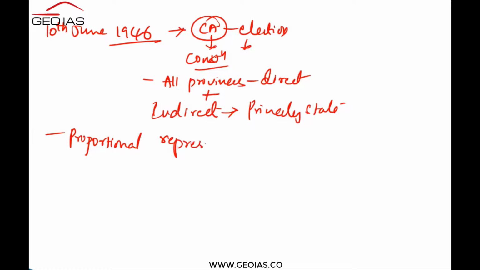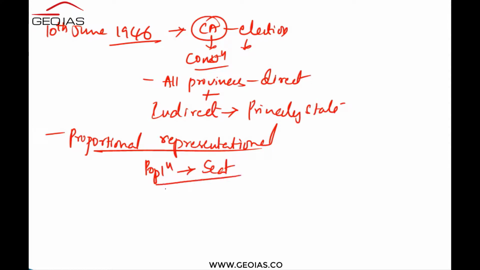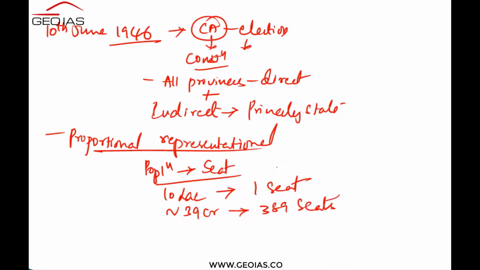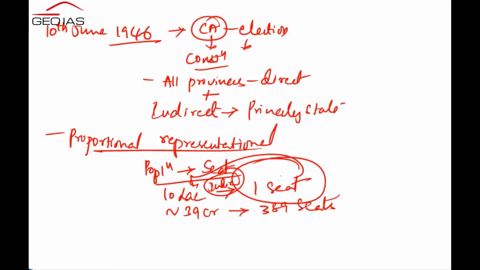What is proportional representation? According to the population, they gave the seats. For nearly 10 lakh Indians, they gave one seat. At the time, Indians were around 39 crores, so they gave 389 seats. Each seat represented 10 lakh Indians. Proportional representation means this proportion of people is represented by one person.